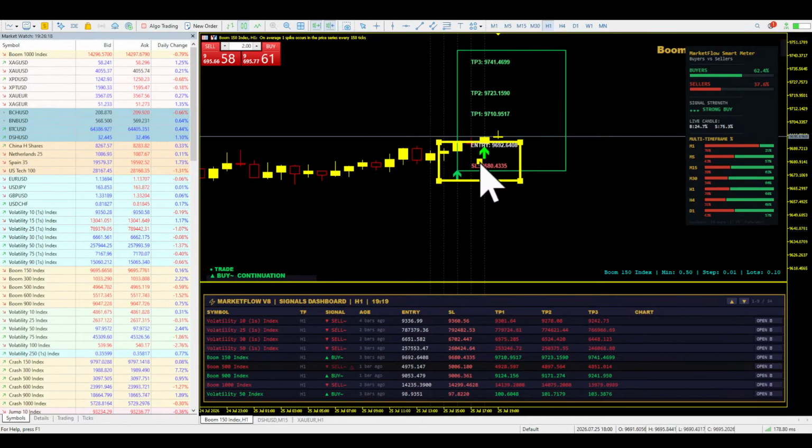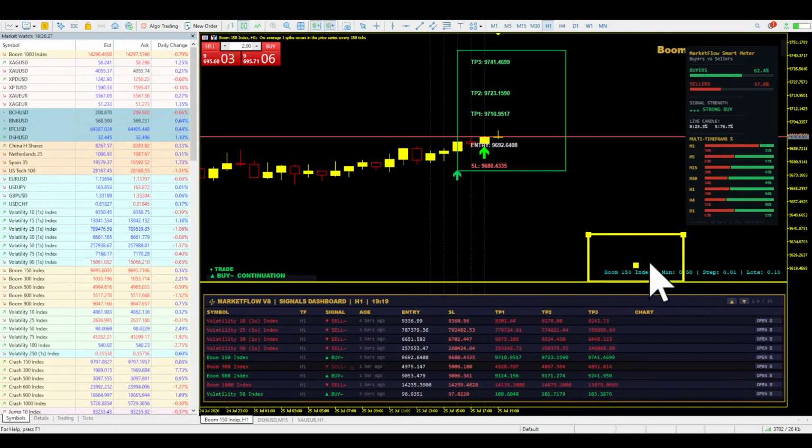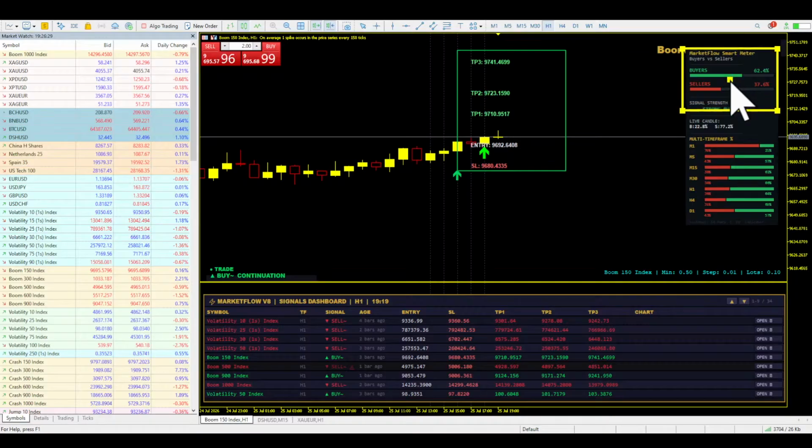You can see that we've got our entry price, stop loss, and take profit 1, 2, and 3. Furthermore, as a confluence today, because we've got extra tools on here, we're also going to look at the buyers and sellers meter, the MarketFlow smart meter. If the buyers or the sellers have a lead of more than 20%, that's a good trade.